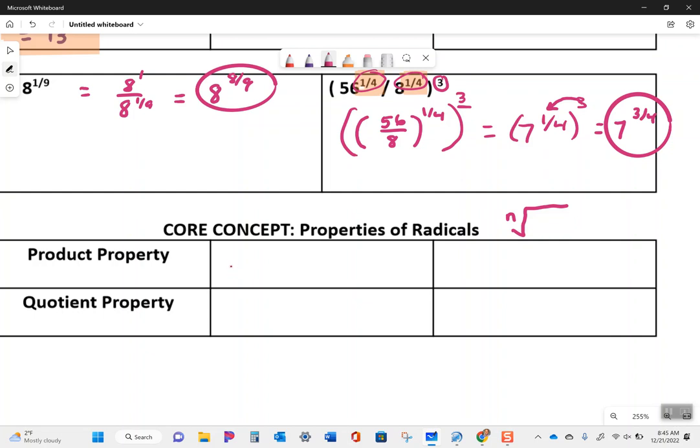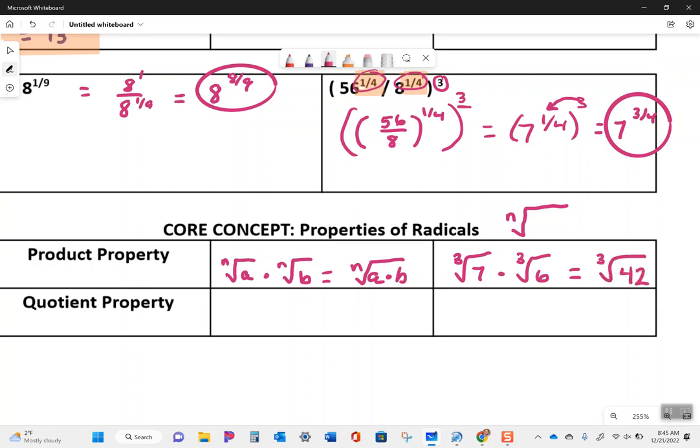If you have the nth root of A times the nth root of B like this, this will equal the nth root of A times B. So for instance, if I have the 3rd root of 7 times the 3rd root of 6, this would equal the 3rd root of, anybody want to guess? Okay, so that's what product property says with radicals.